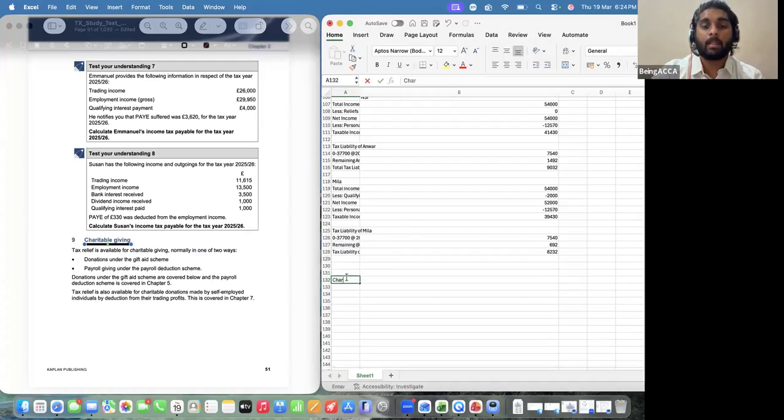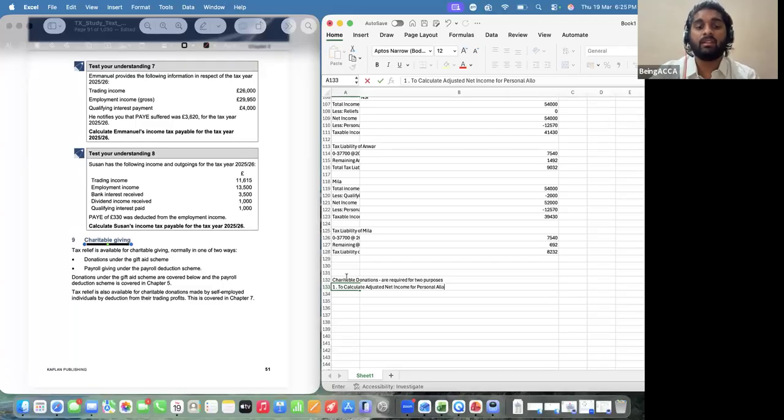Charitable donations are required for two purposes. One would be to calculate adjusted net income for the personal allowance reduction calculation.